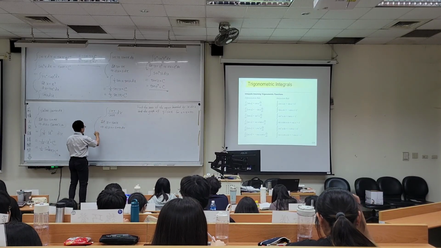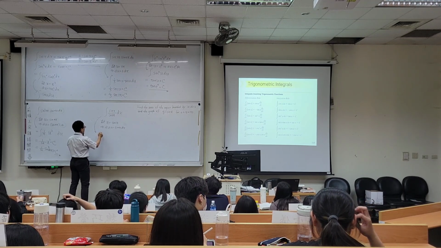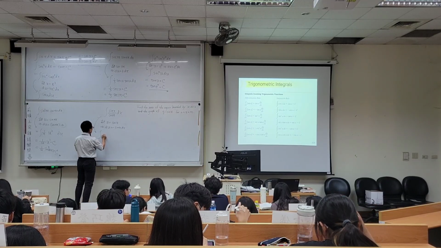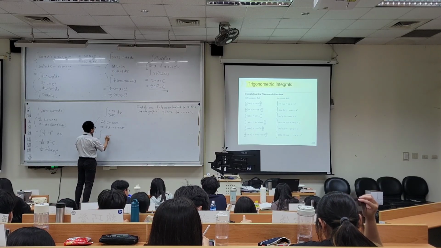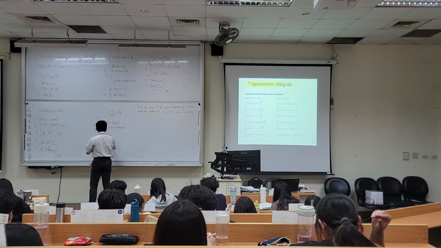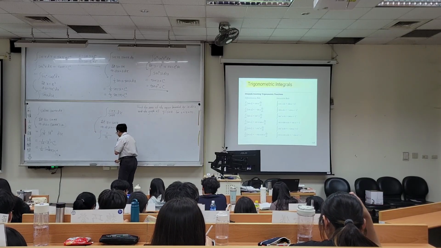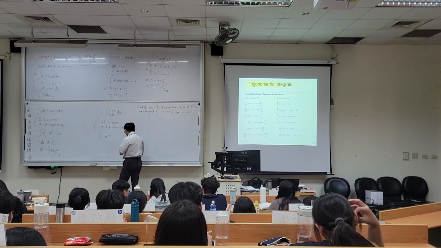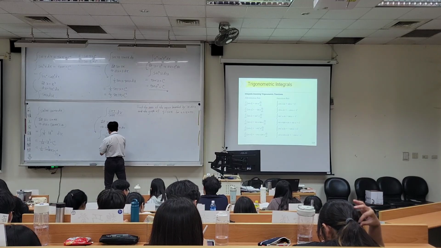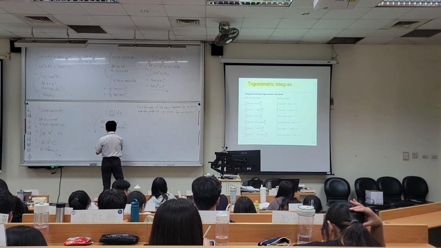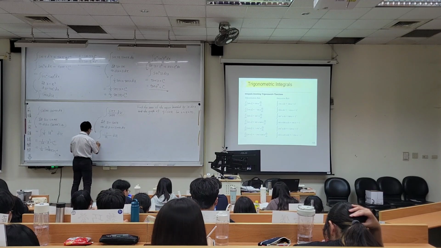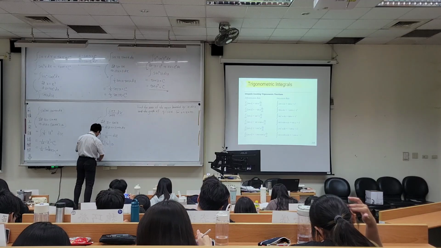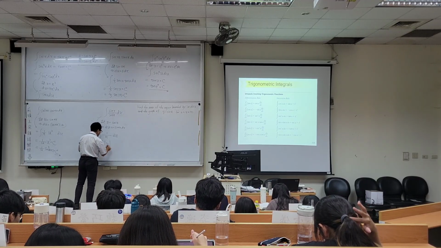So what we have is 1/u, but here because I have a minus sine and there's sine dx, so I put the minus sign here. So I will get minus natural log u plus c, plus a constant.